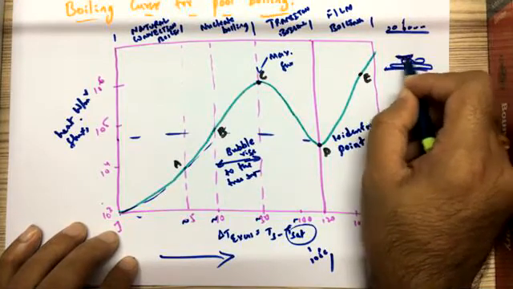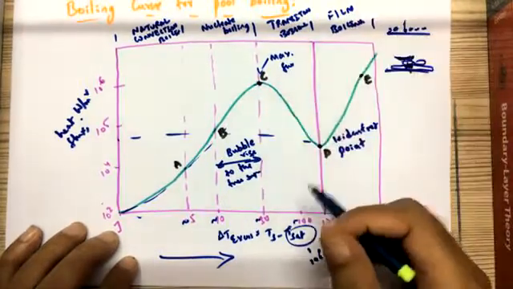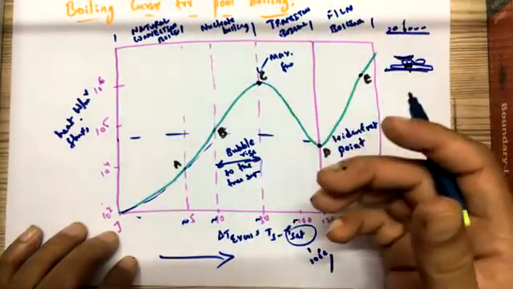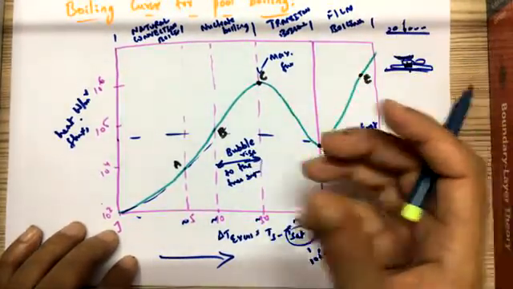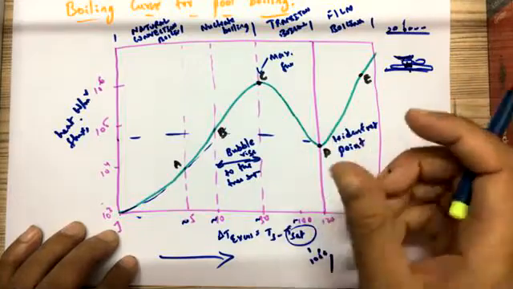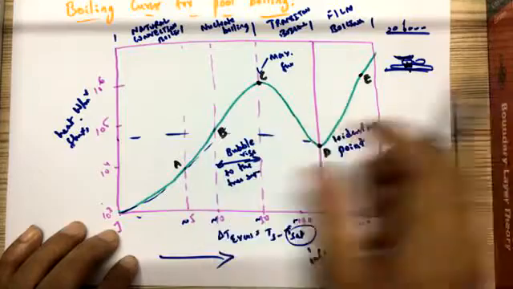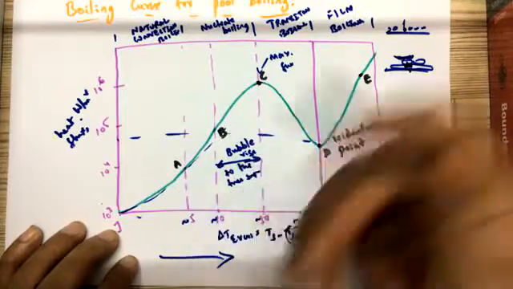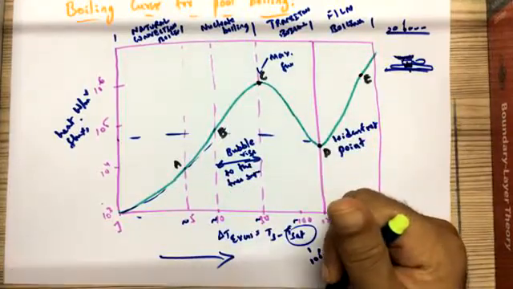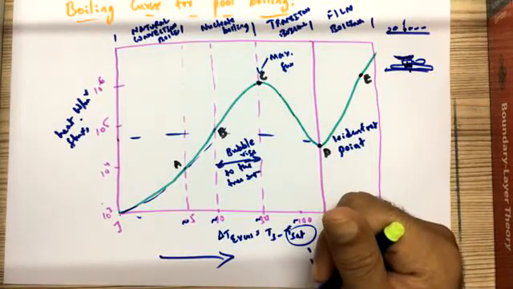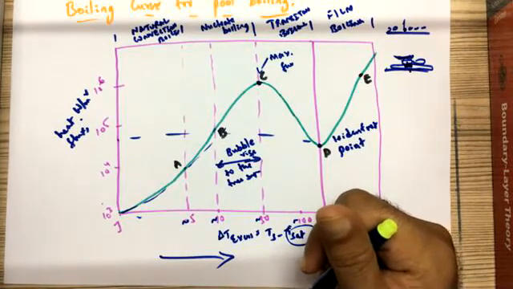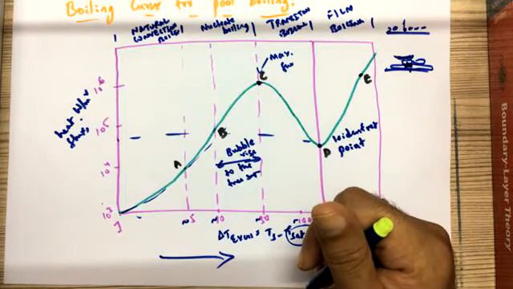Because of this, it will just wobble. You may think it is dancing, but it's not exactly that. It is because of the imbalance. The drop will wobble to the left or right, and after some point it will vaporize. Okay, so this is the boiling curve, which is very, very important. Okay, thank you so much.